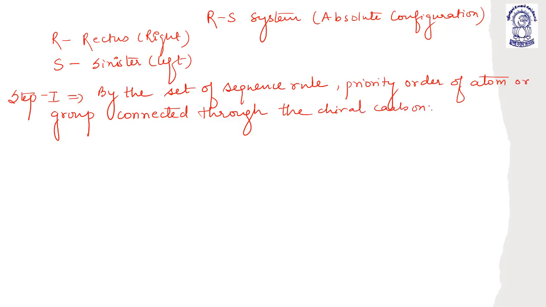Okay, so by the set of sequence rules, the priority order of atoms or groups connected to the chiral center is given. Step 2.